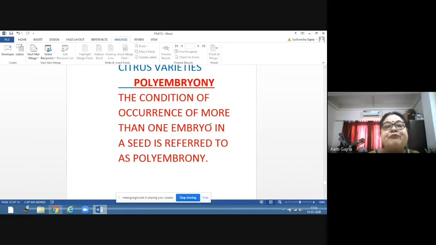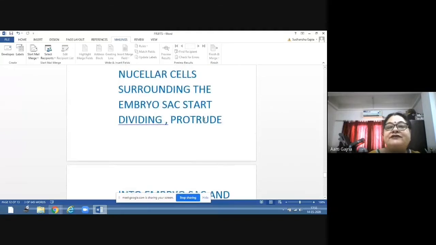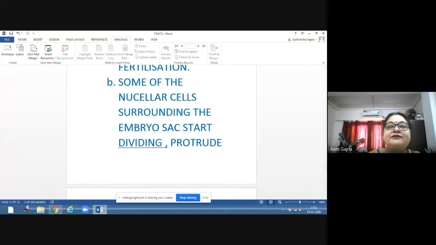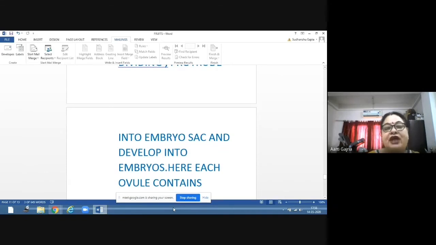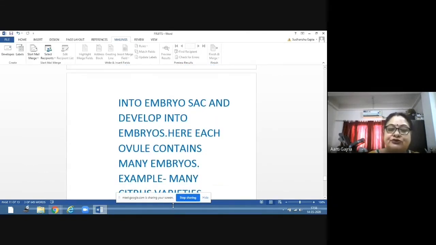This happens when the nucellar cells protrude into the embryo sac, divide and grow into embryos.